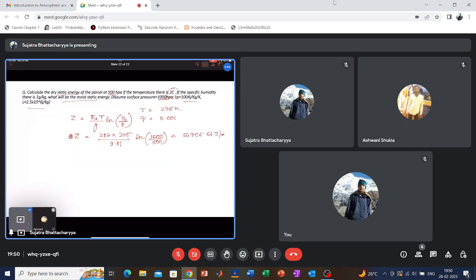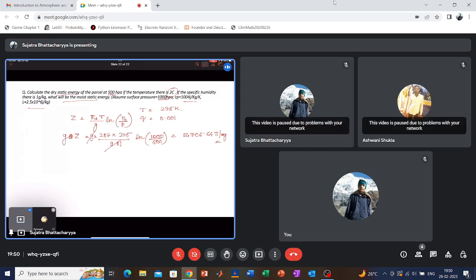Oh, but this is, let us make it gz. So g into this, the g and 9.81 cancel. So this will be joules per kg. Okay. So this is the potential energy. Fine. The geopotential.